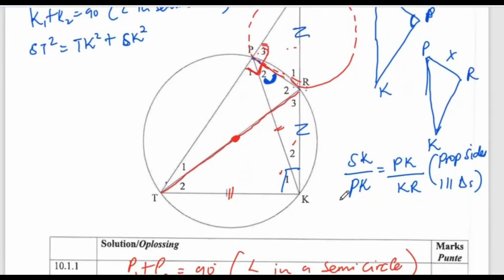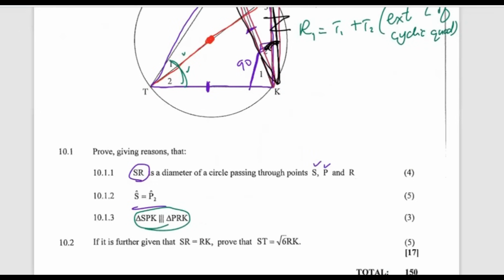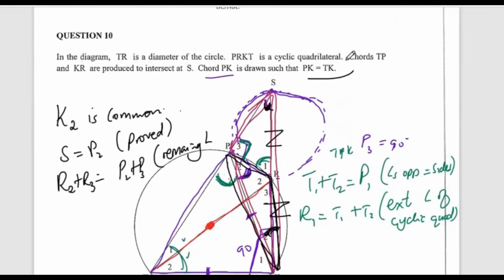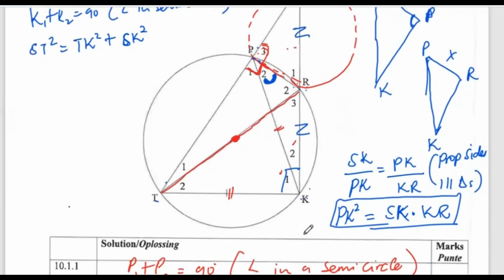If I make PK the subject, PK squared is the same as SK times KR. Yes, I need it. Then I can go back and know that our PK is the same as the TK from the question. We're told that PK is the same as TK. So where I see a PK, I can replace it with a TK, so that I have TK squared is equal to SK times KR.